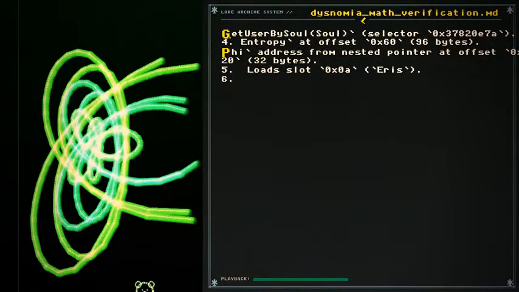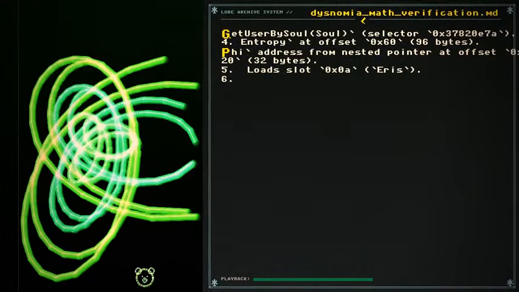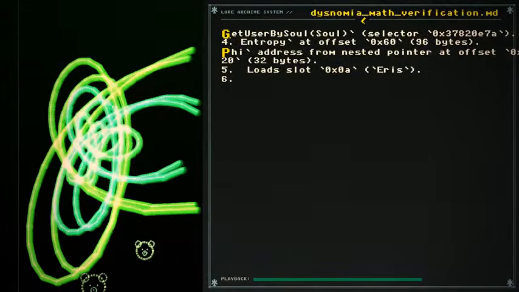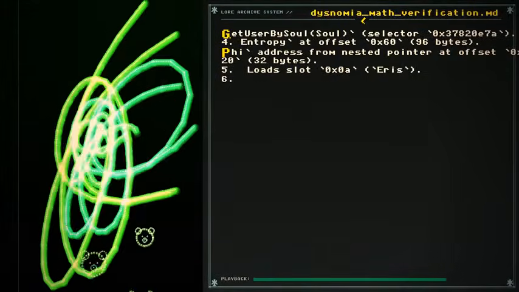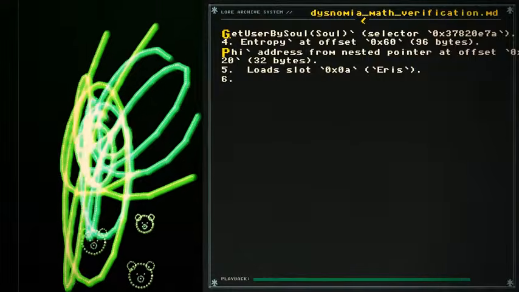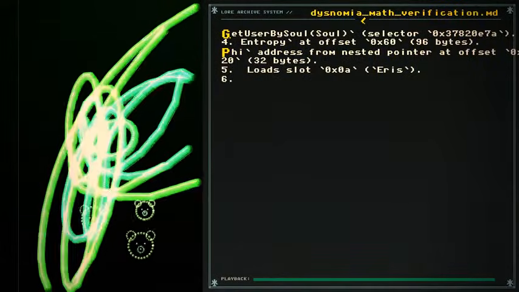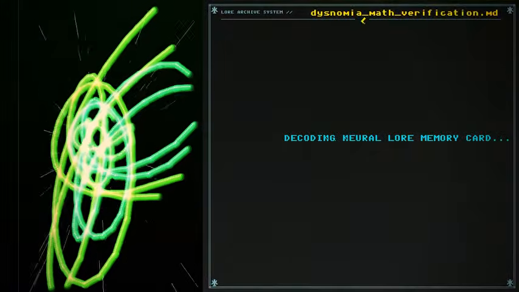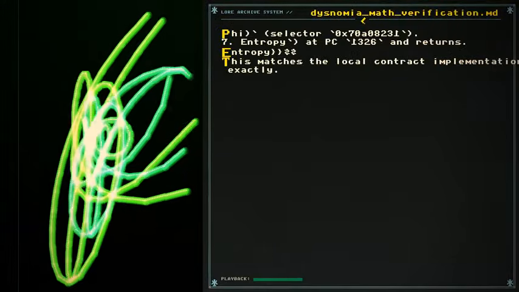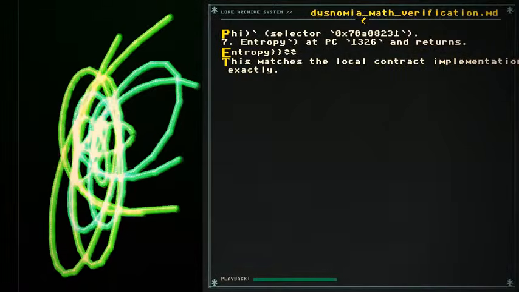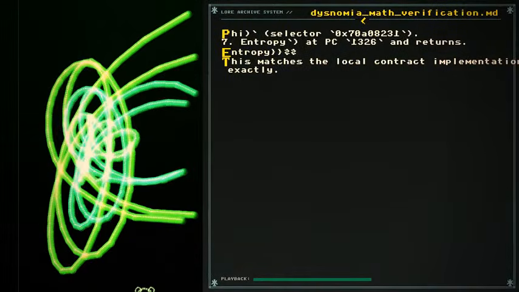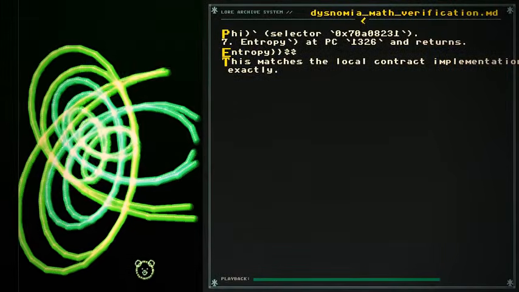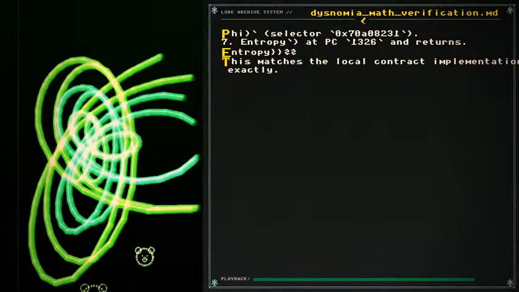Entropy at offset 0x60, 96 bytes. Address from nested pointer at offset 0x20, 32 bytes. 5. Load slot 00 Eris. 6. Selector 0x72A08231. 7. Entropy at PC1326 and returns. This matches the local contract implementation exactly.